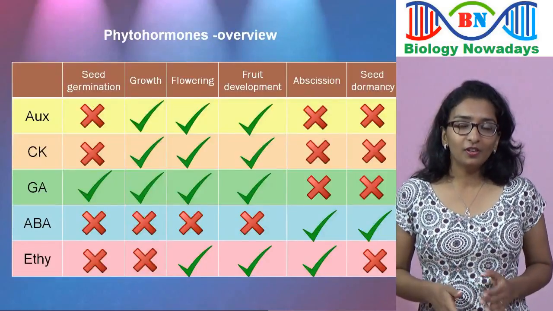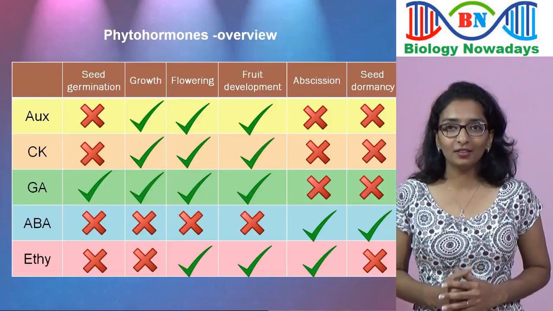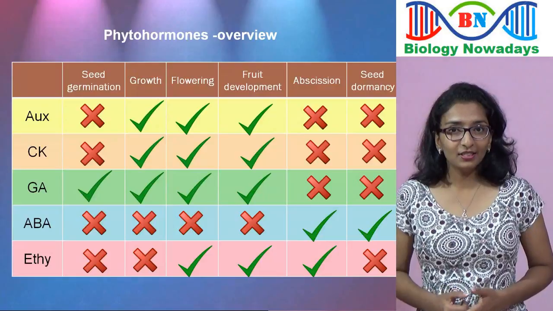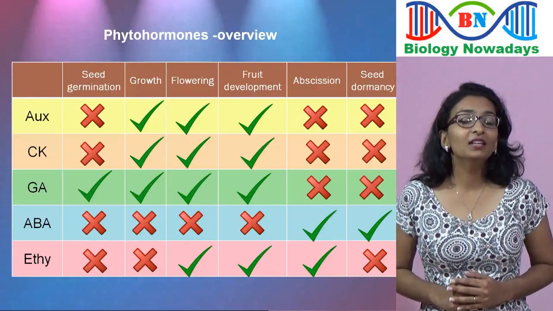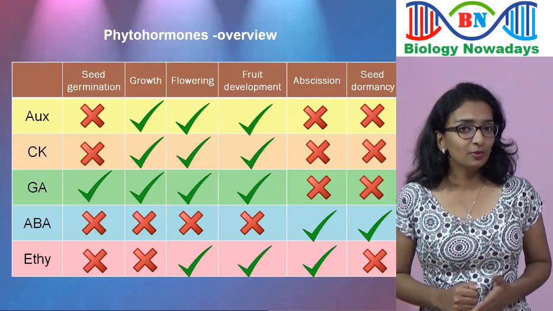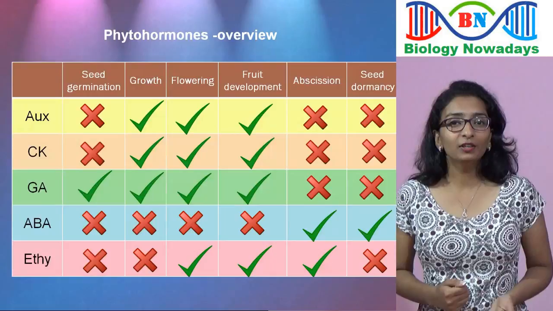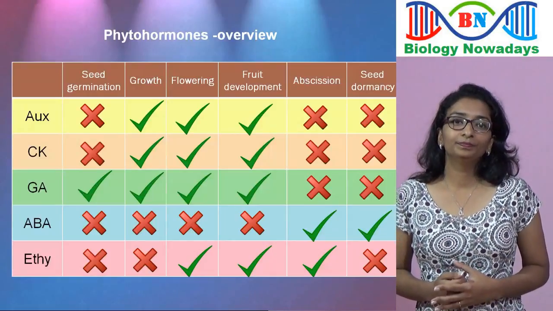This is a summary of what we discussed about the main functions of the 5 classical hormones: auxins, cytokinins, gibberellins, abscisic acid and ethylene in the 6 main plant processes: seed germination, general growth, flowering, fruit development, abscission, and seed dormancy.